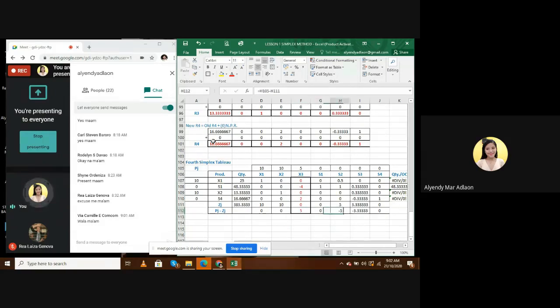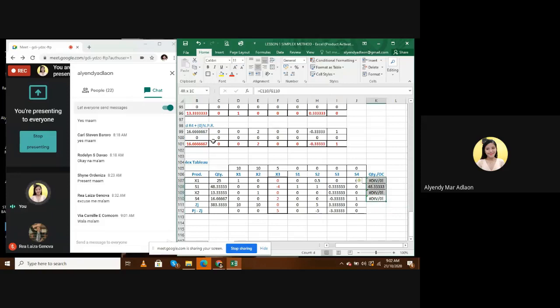The next is to compute for the pivot row. For the pivot row, again and again and again, quantity divided by the optimum column. Okay, next, quantity divided by the optimum column. Okay, and then you can drag it. So, ito yung next, pangitaon na nato ang naay least positive amount.